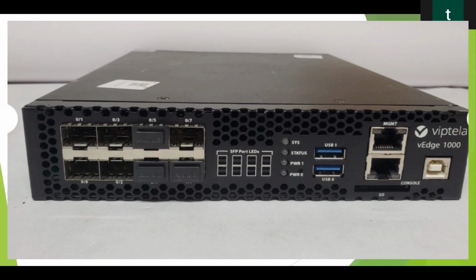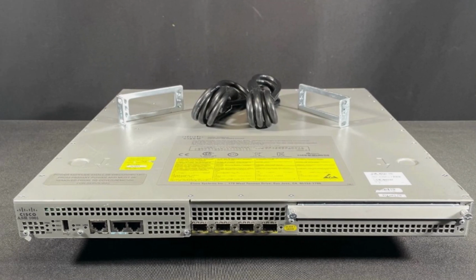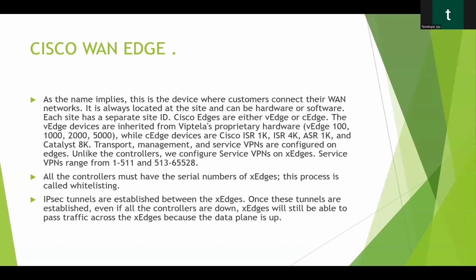And cEdges, they are the Cisco devices. The Cisco devices that support SD-WAN are ISR1K, ISR4K, ASR1K, and Catalyst 8K. Those are the cEdges that support SD-WAN.